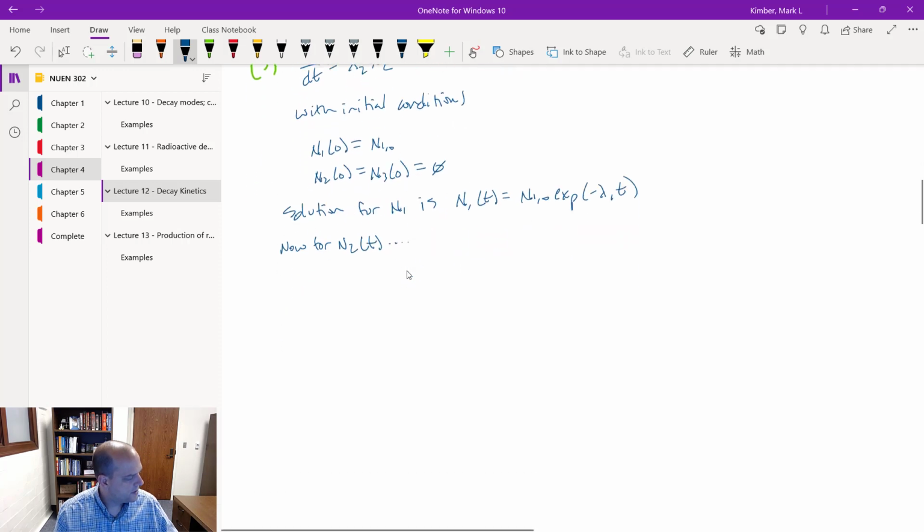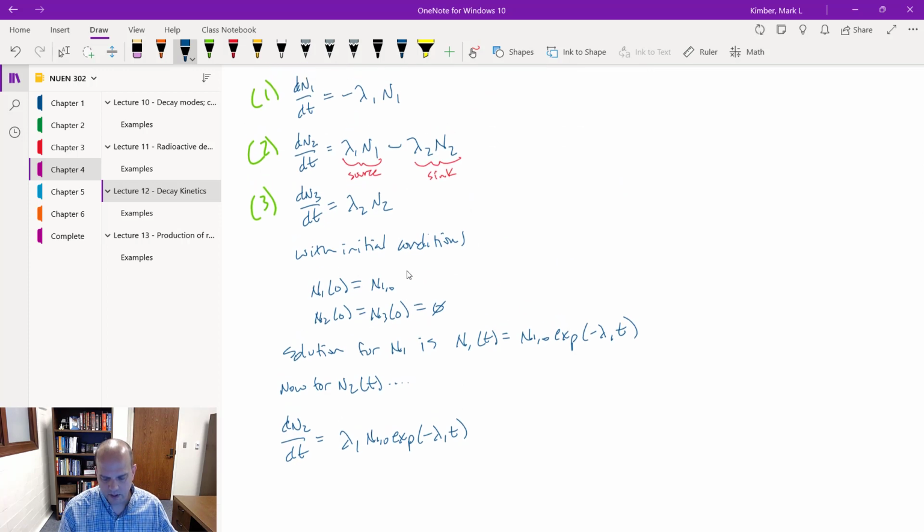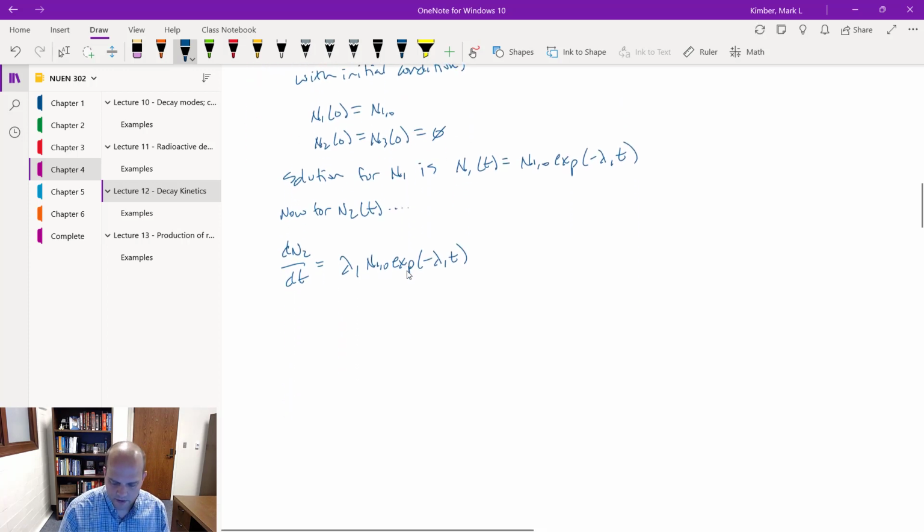In order to evaluate this, we've got to look at the differential equation, which is going to be equal to lambda 1 times N1. We just determined what N1 was, so we'll substitute that in here. So that's the first term. That's the source, and then we just have minus lambda 2 N2, which is a function of time.